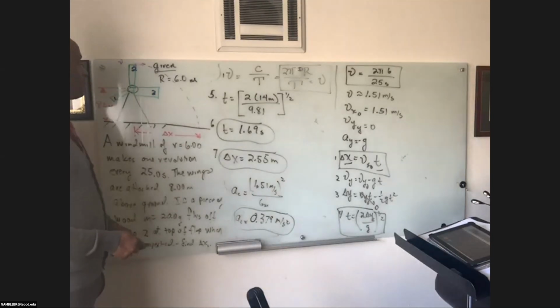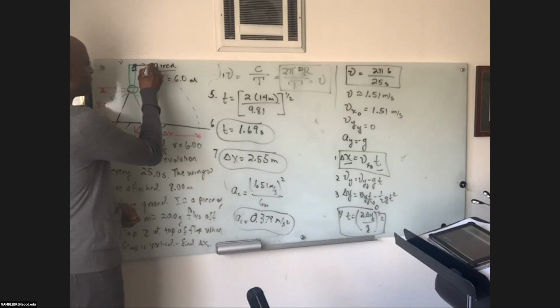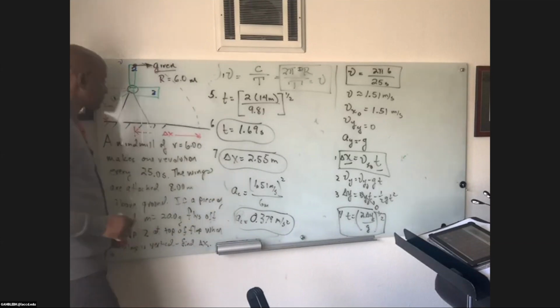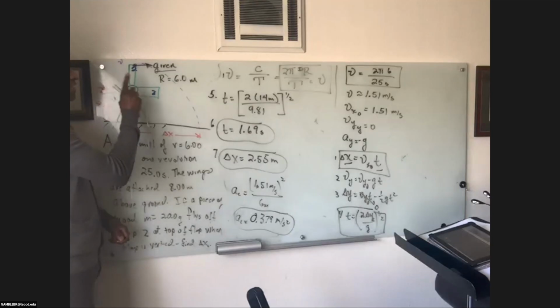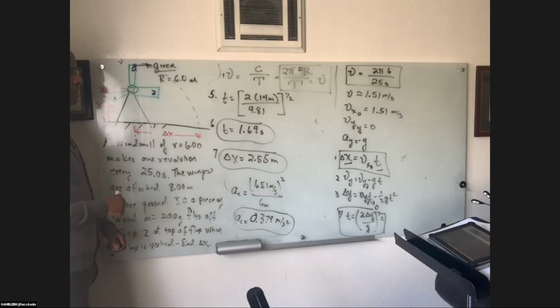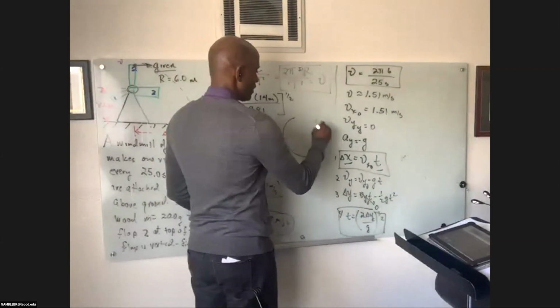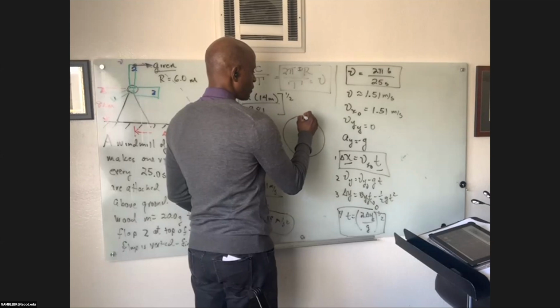Professor, sorry, how is Vy not 0? Because when this object comes off of the wheel, when the wheel is completely vertical, the velocity it has is horizontal. Remember, I drew that picture where I said the velocity is parallel to the curve at every point along the curve.